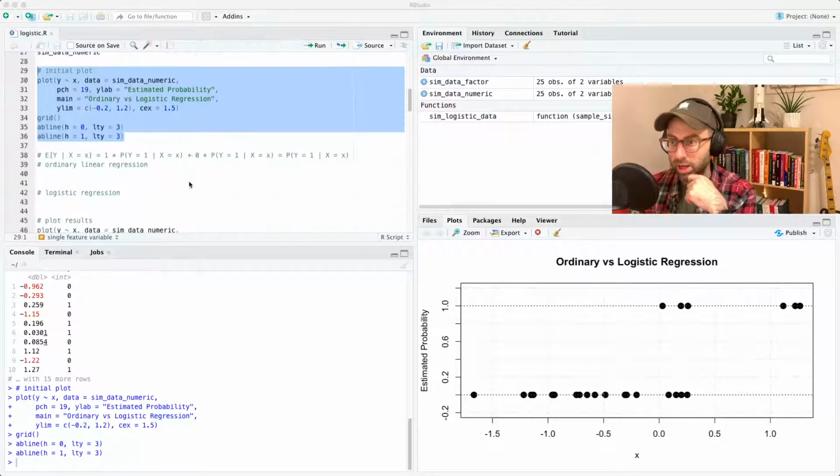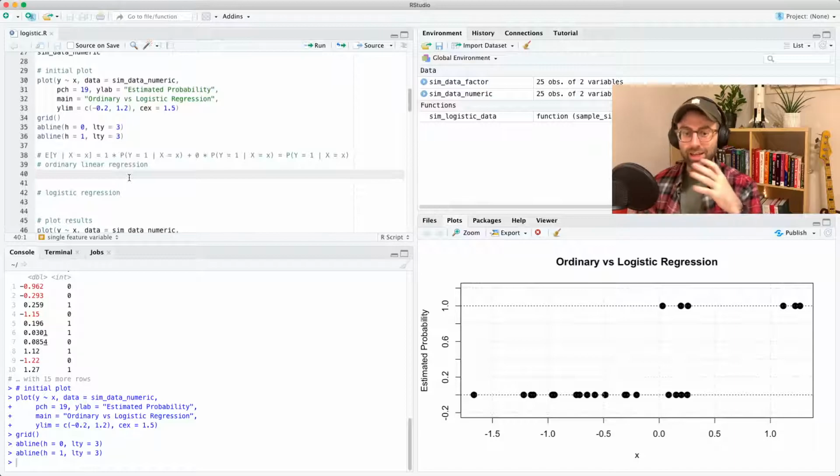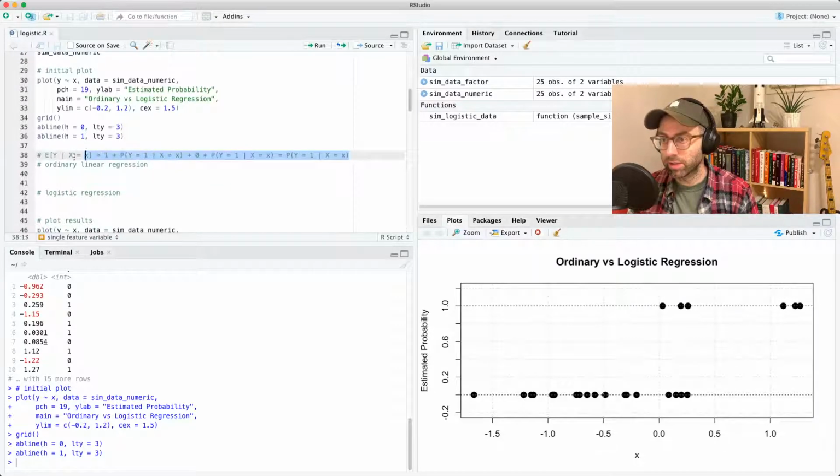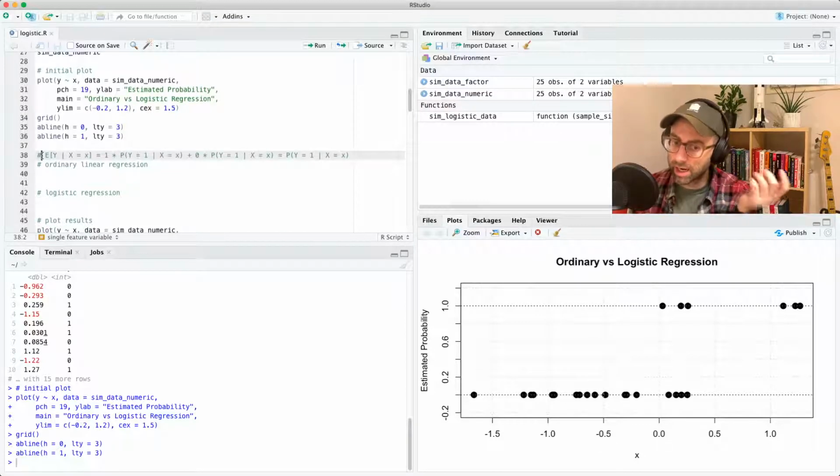So before I get to logistic regression, I want to try just ordinary linear regression. This expression here sort of hints that it's not actually a terrible thing to do, right? Because ultimately, what linear regression is interested in is the expected value of y given x.